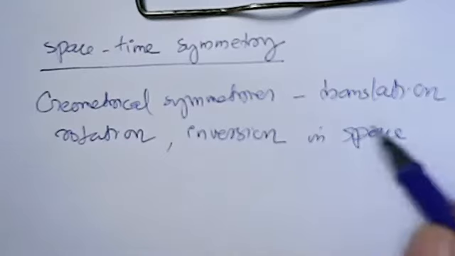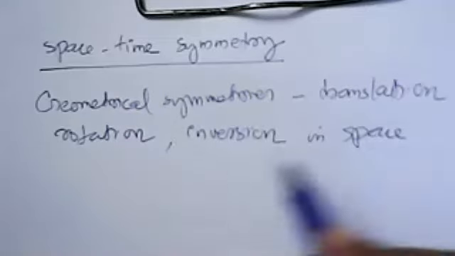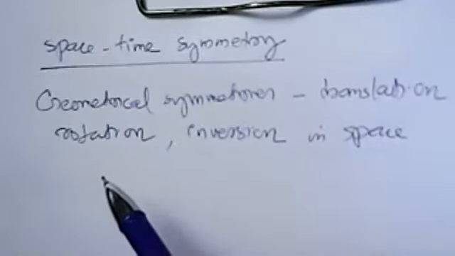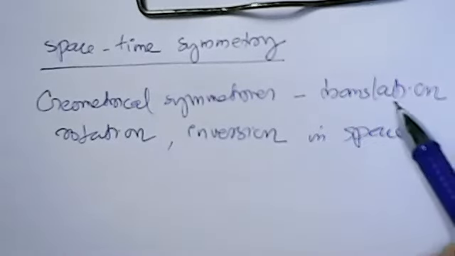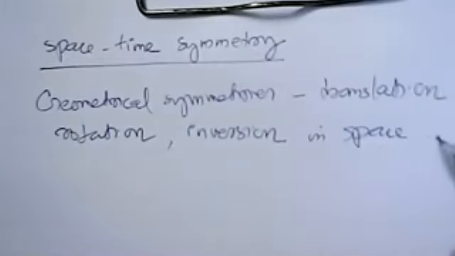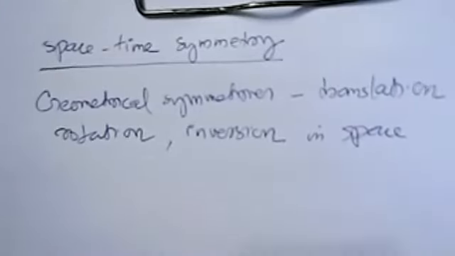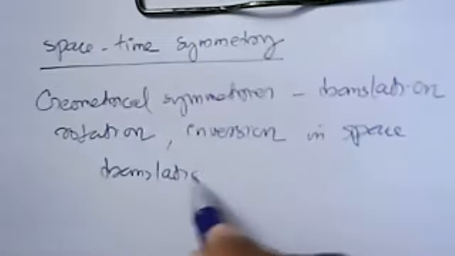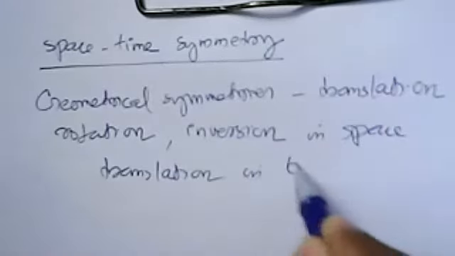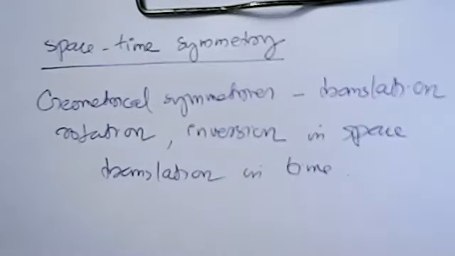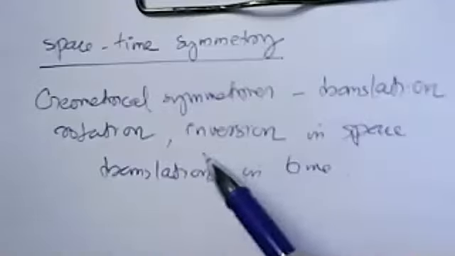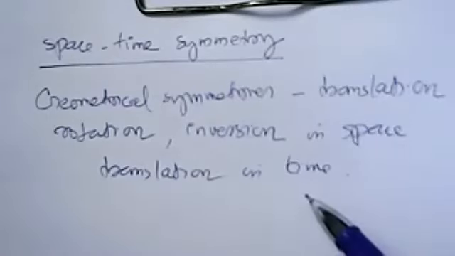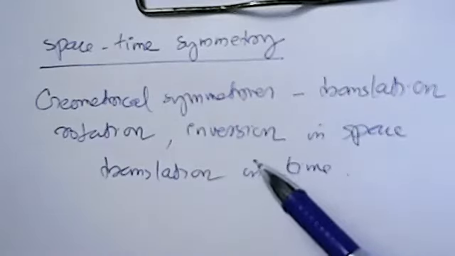Also in time, there is no rotation in time, but translation in time is there. So we can say translation in space and translation in time. There is no rotation in time. There is no inversion in time.